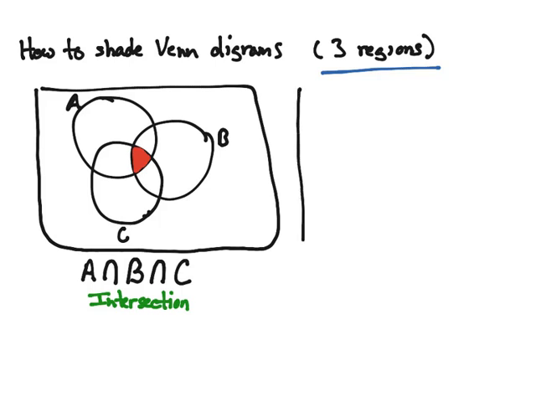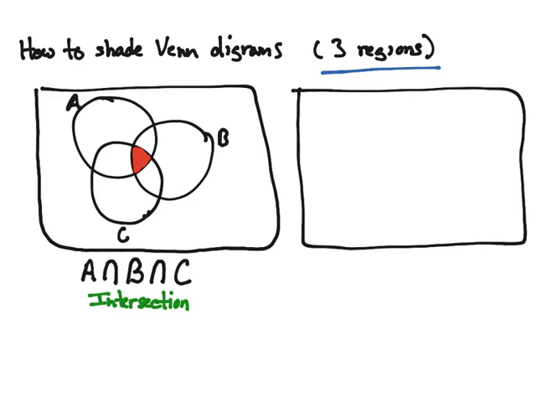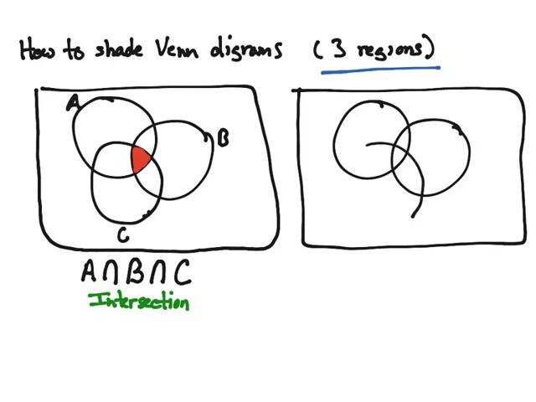We can do the opposite scenario where we have 3 regions again. A, B, and C. I want you to shade in the union of A and B and union C. And that's basically all 3 regions.